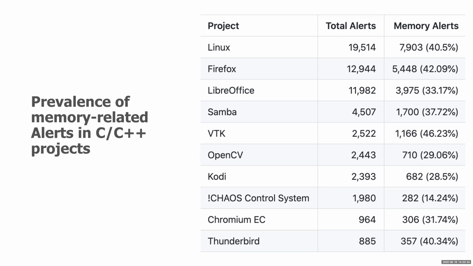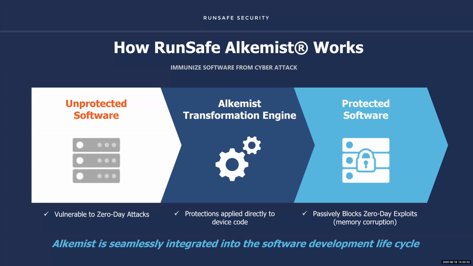You can see in the table on the right that somewhere between 28% and 46% of the alerts that were found were memory related. The average is about 35% of the alerts that were found are memory related problems. And so Alkemist is designed purely to solve the memory corruption problem space.